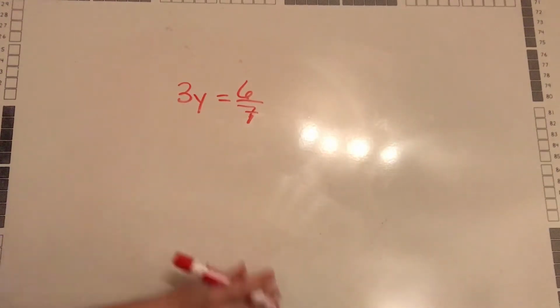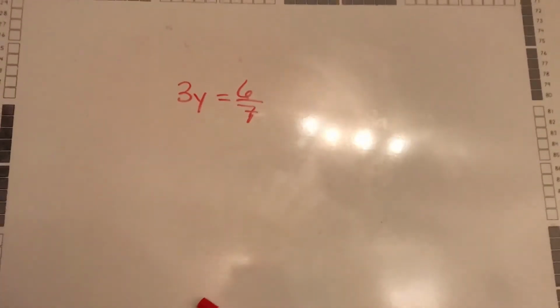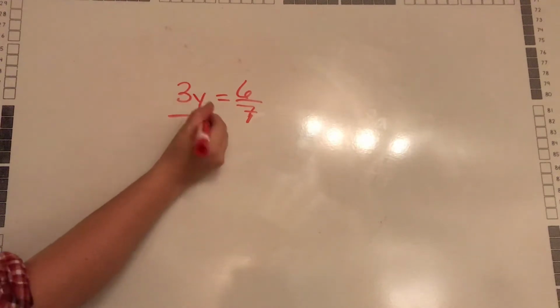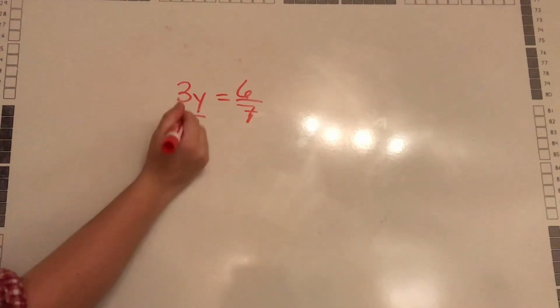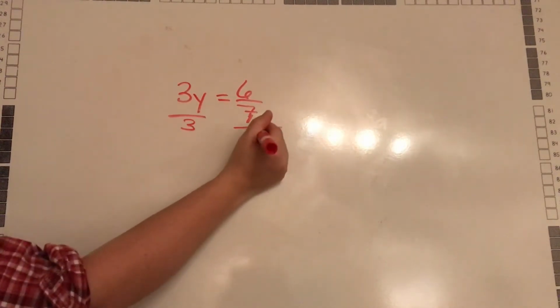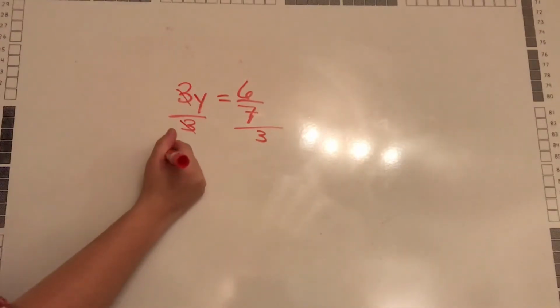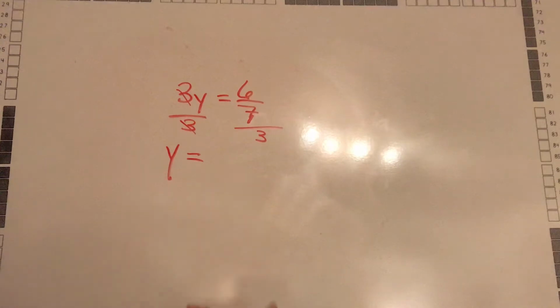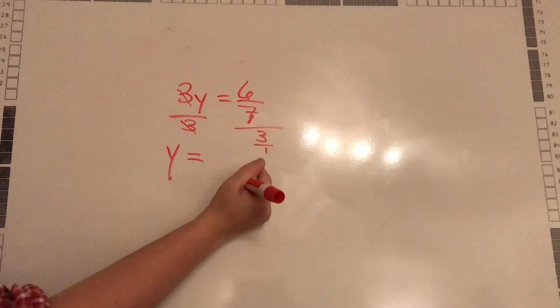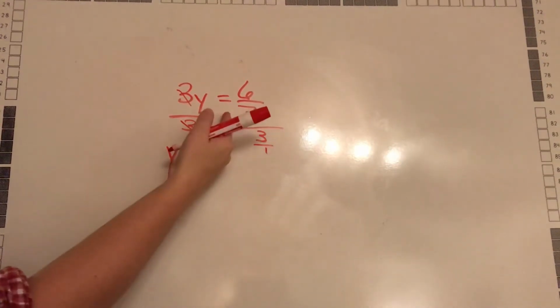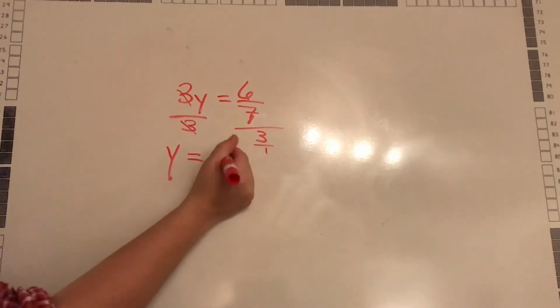And we know again that to solve for y, we have to isolate y. So we're going to divide that by 3. We're going to divide that by 3. Cancel, cancel. Y equals, well, what do we do here? How do we divide a fraction by a whole number? We turn the whole number into a fraction, right? And then we multiply this by the reciprocal of this.